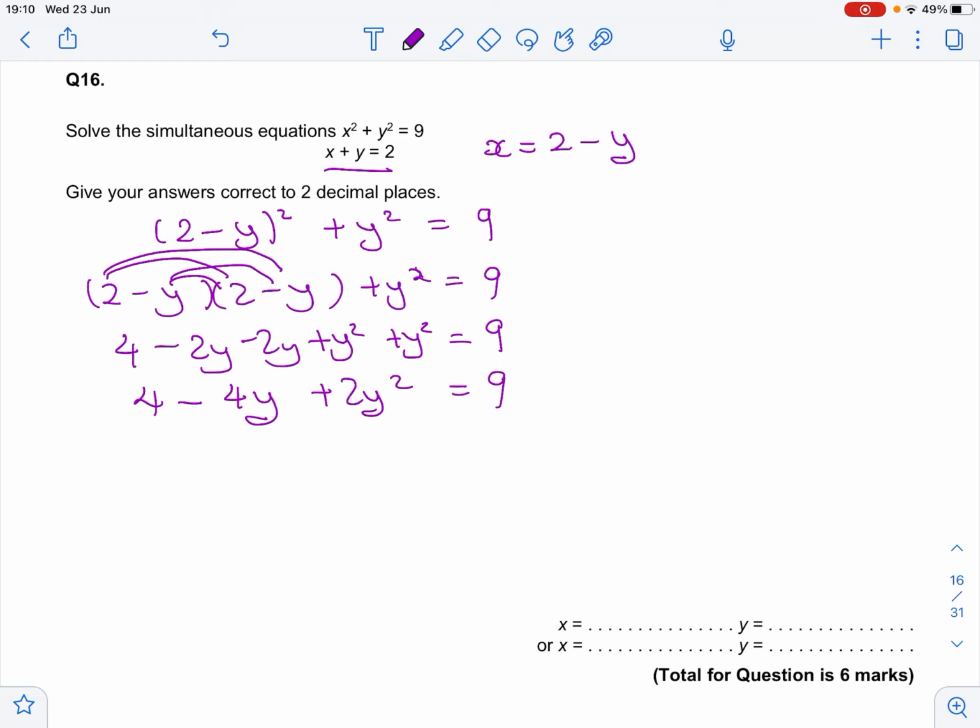Rearrange our equation to make it equal to 0 and solve. So I have 2y squared minus 4y. Now remember here, I have this 4 and this 9. So I'm just subtracting my 9 on this side. So 4 minus 9 becomes minus 5.